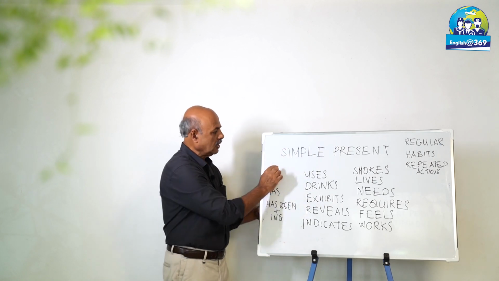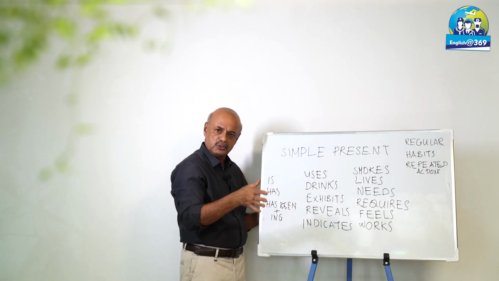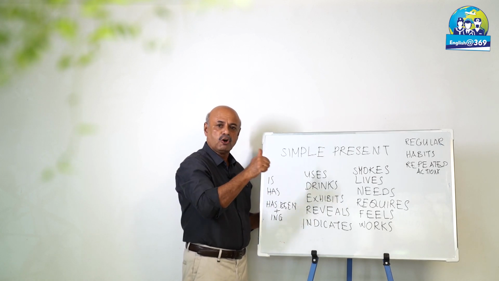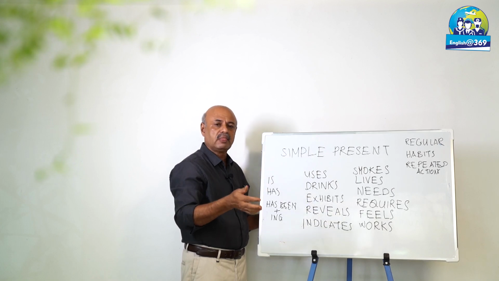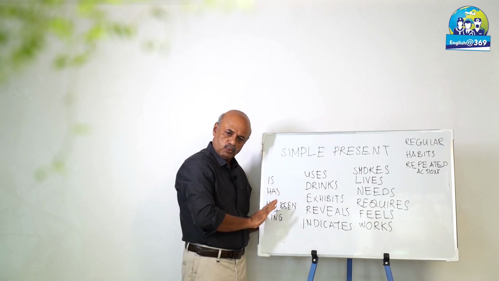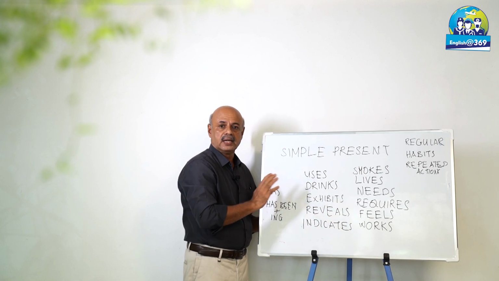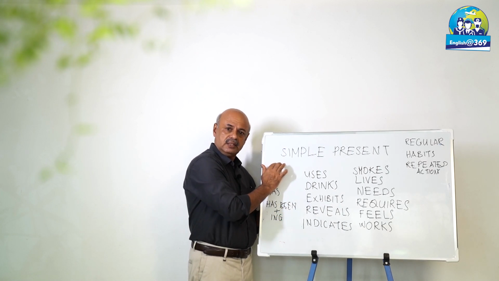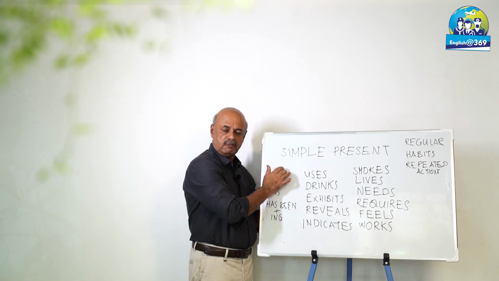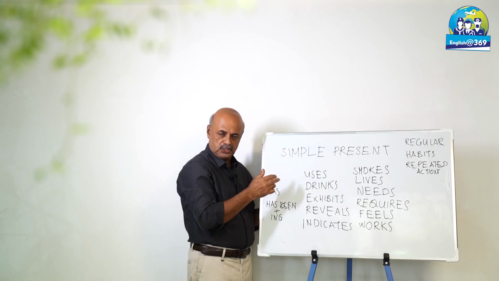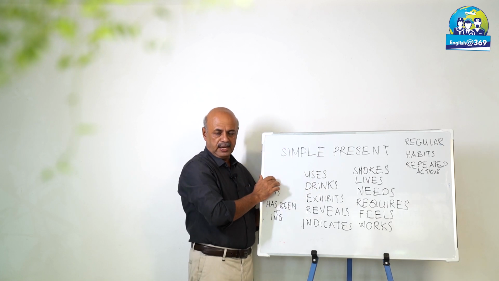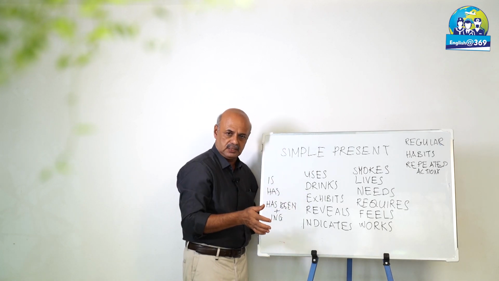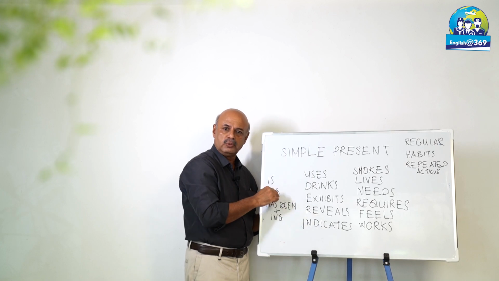Please remember, we are talking about why this 's' over here, because we are talking about the third person. He or she or John or Smith or Amy Brown, whoever that be. Therefore, we are not talking about I and the first person or the plural we, or the second person you and the plural you, but we are concerned about the third person, and that's what you write in OET.